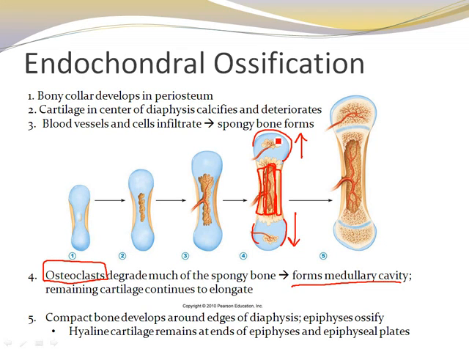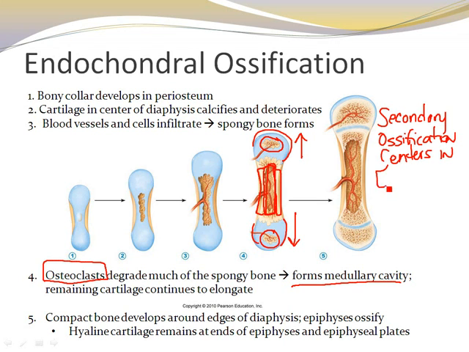Eventually, up here in the epiphyses, you have what are called secondary ossification centers in the epiphyses. And there you have spongy bone that forms. So the cartilage degrades, osteoblasts come in, blood vessels bring in those osteoblasts, oxygen and nutrients, and you have spongy bone that forms there in the secondary ossification center.